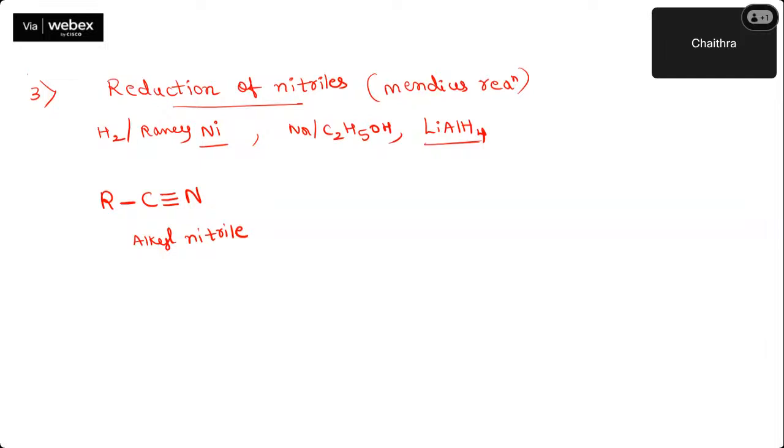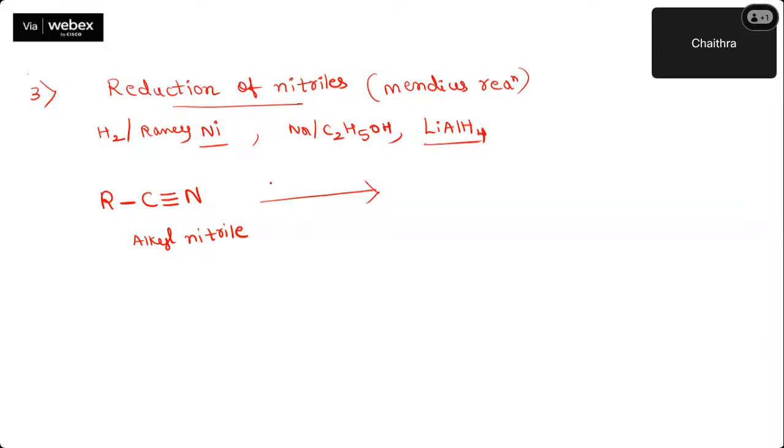In organic chemistry, addition of oxygen is called oxidation, whereas addition of hydrogen is called reduction, right? Now I have to add hydrogens across the triple bond. Yes, very good. Addition of hydrogen. Yes, Jyoti. Now I am taking a reducing agent. They serve hydrogens, so I have to add hydrogens across the triple bond.